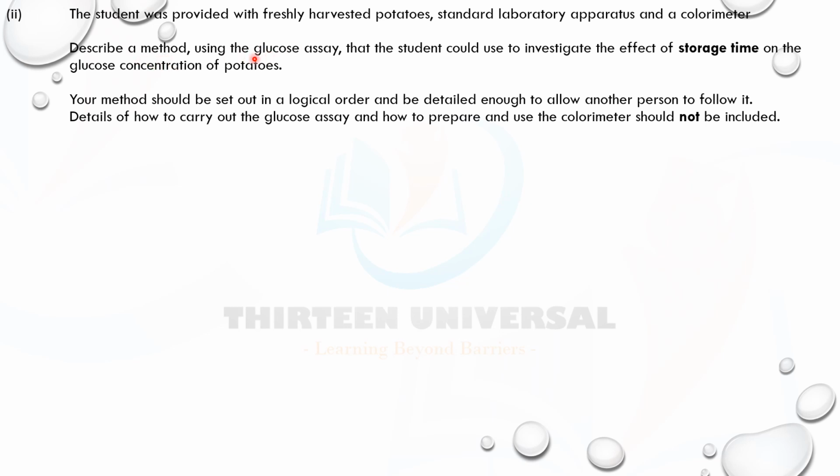Describe a method using the glucose assay that the student could use to investigate the effect of storage time on glucose concentration of potatoes. Your method should be set out in a logical order and detailed enough to allow another person to follow it. Okay, detail of how to carry out glucose assay and how to prepare and use colorimeter should not be included.